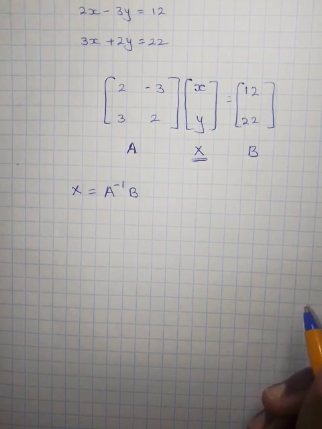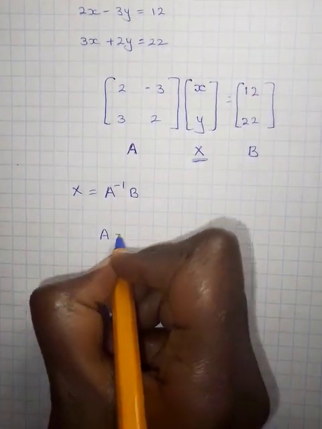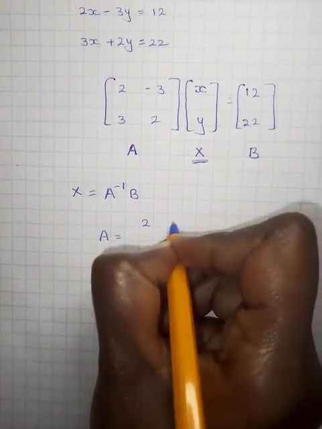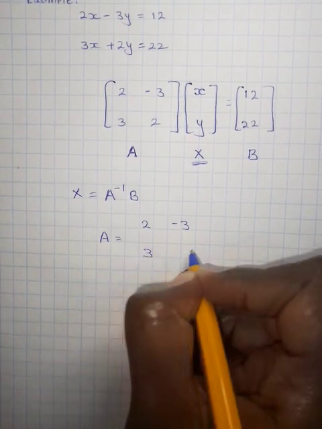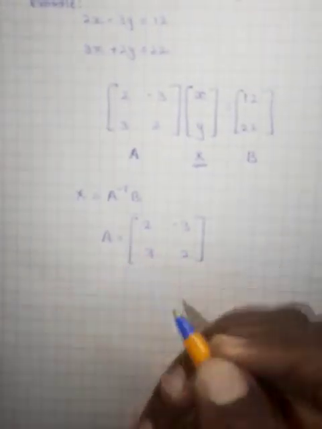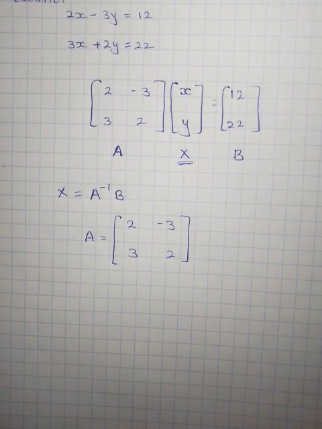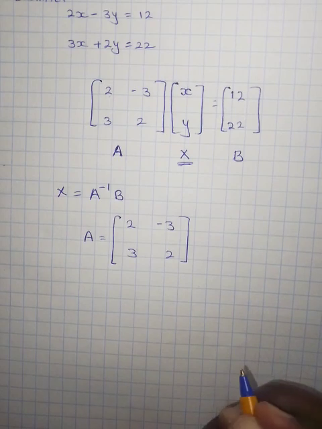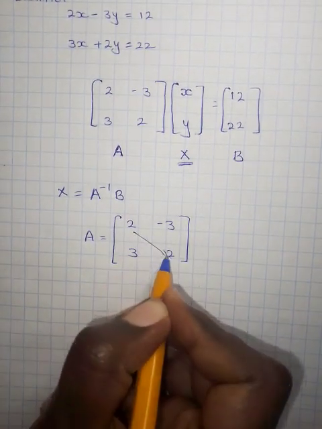Now remember, to get the inverse of A, which is 2, negative 3, 3, 2, you first of all look for the determinant.